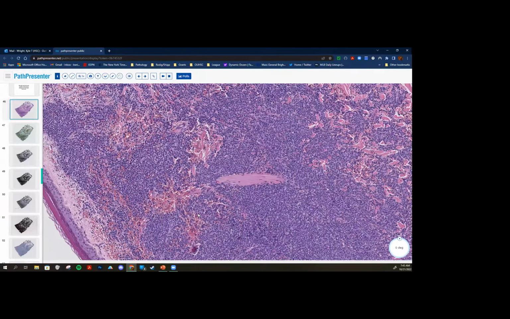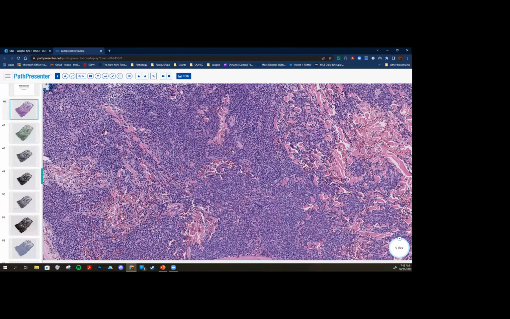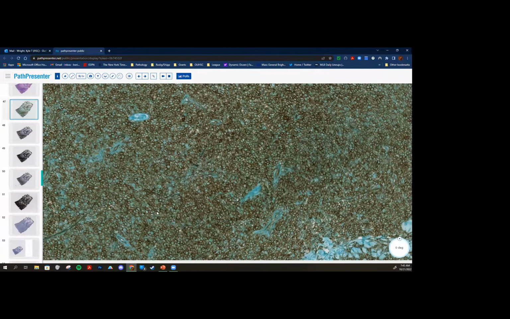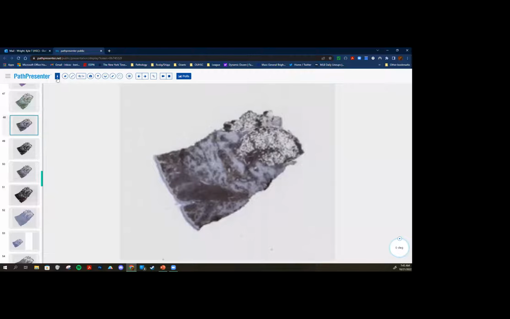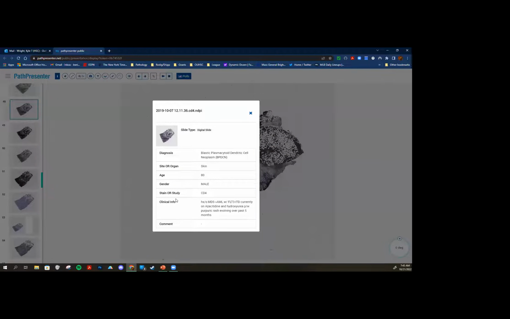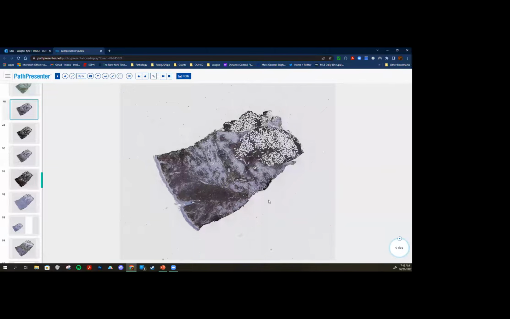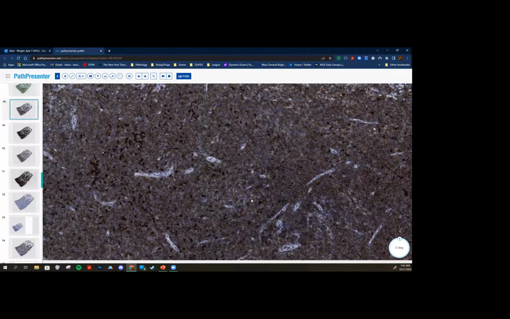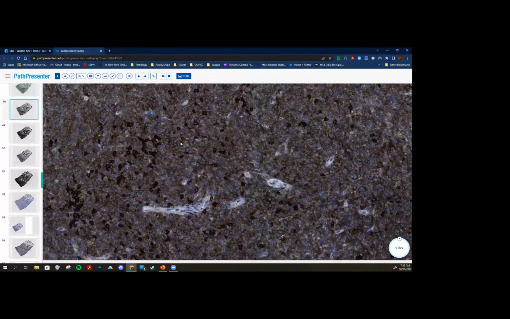This is CD123, a marker for plasmacytoid dendritic cells. It's the IL-3 receptor. You can see it's diffuse and strongly positive throughout the infiltrate. This is CD4, a marker typically for T cells, but remember that there are subsets of myeloid cells that can have CD4 expression. Just as a note for all of you IHC aficionados out there, this is high quality IHC, right?